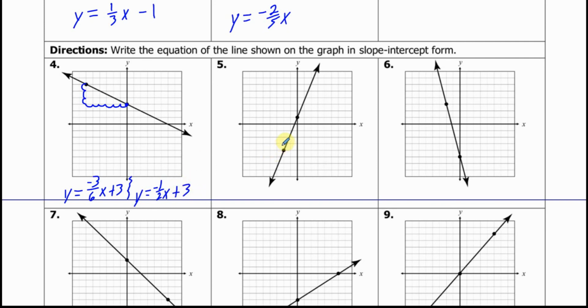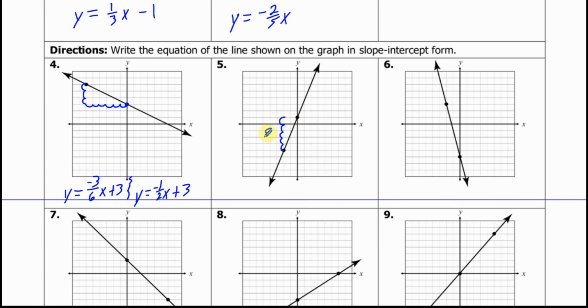All right, try number 5. All right, again, we need 2 pieces of information. We need the slope and the y-intercept. So give us the 2 points. I pick the one that's further left. In this case, I have to count up to get to that point, whereas this one I had to count down. That's why the slope was negative. So 1, 2, 3, 4, 5.